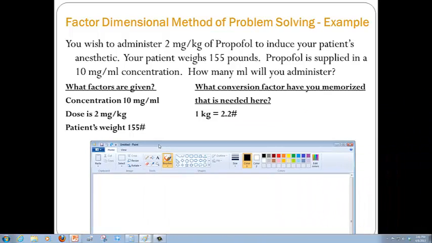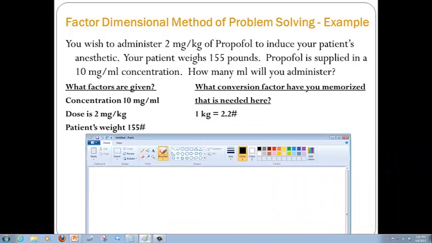in an earlier slide. The key to solving problems with the factor dimensional method is to start out by considering what you're looking for in the way of units in your answer. And what we're looking for here is the number of milliliters. So I always start by writing equals and then milliliters.